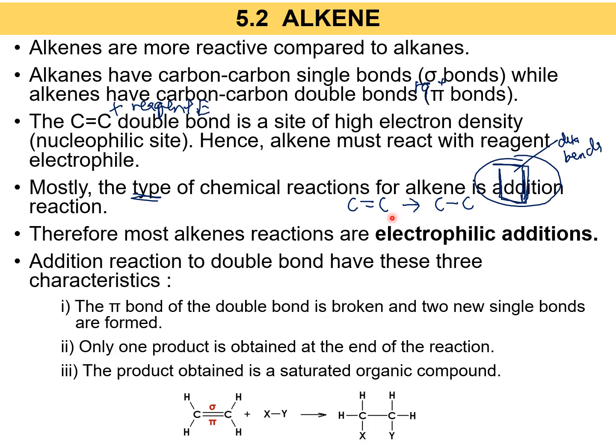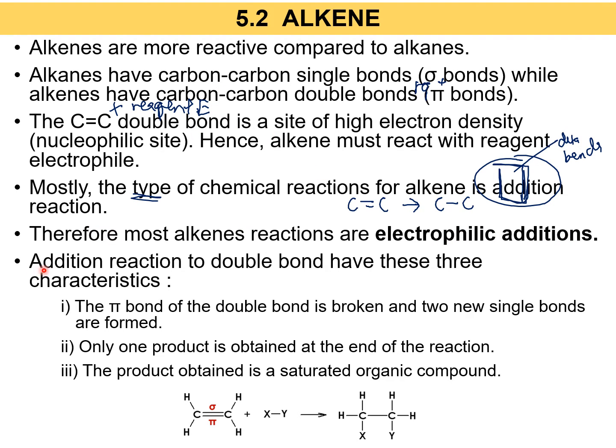Alright, and why is it called electrophilic addition reaction? It is because it uses an electrophile reagent. Since the carbon-carbon double bond is a nucleophilic site, its partner is an electrophile reagent. So that's why the type of chemical reaction of alkenes is electrophilic addition reaction.